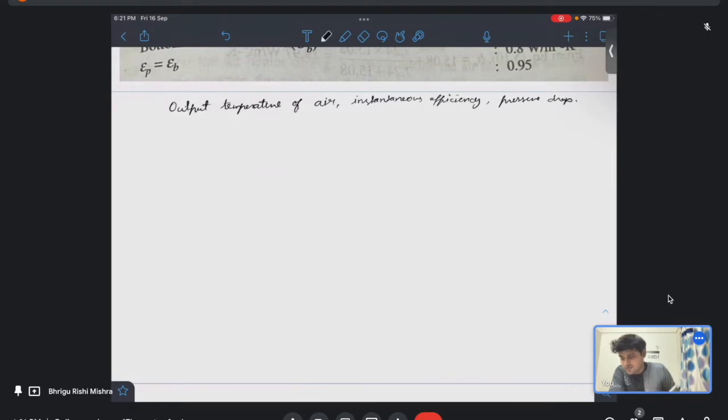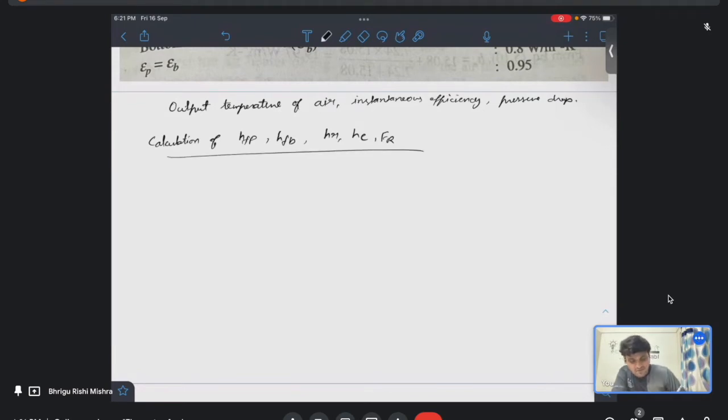For this we need to calculate HFP, the heat transfer coefficient between fluid and plate, that means air and plate, HFB, HR, the radiative heat transfer coefficient, HE, the overall heat transfer coefficient, and the heat removal factor, FR. So these things we need to calculate.